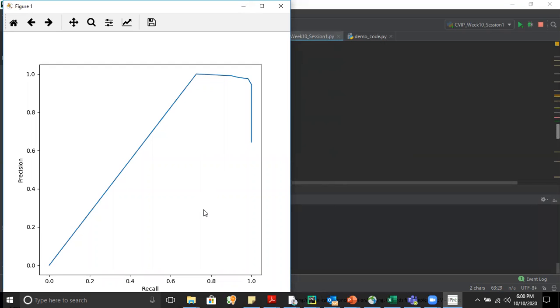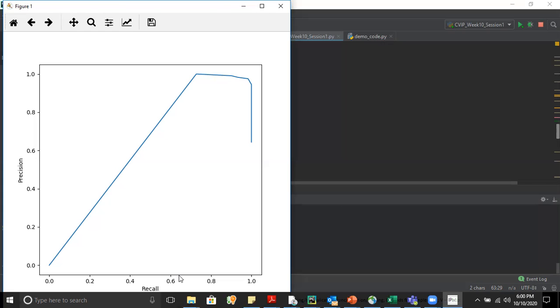If you see here, this value is not exactly the high precision and the high recall. I am not getting it for exactly 0.5, but I am getting it for a different threshold, maybe between 0.6 and 0.7.